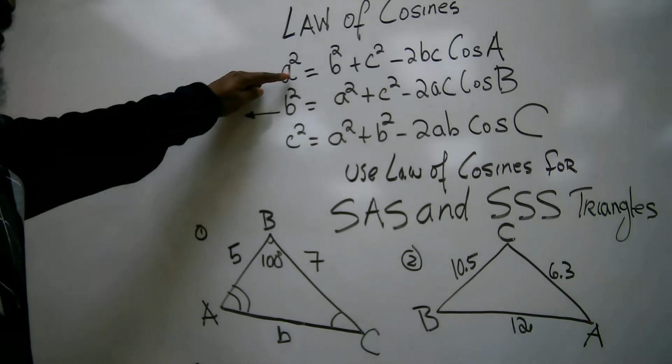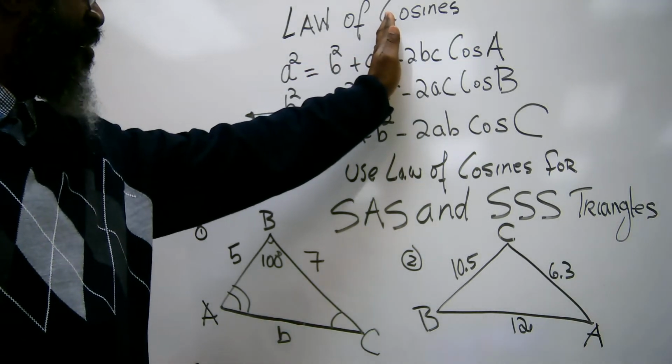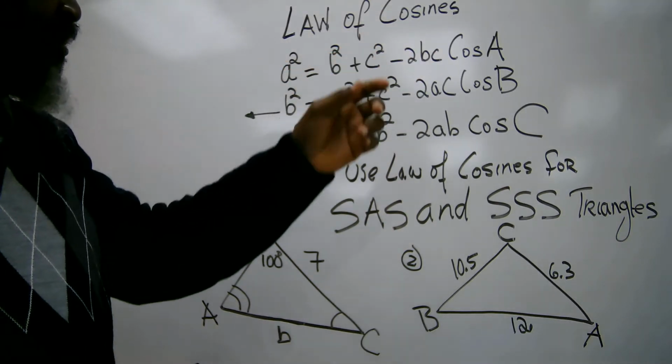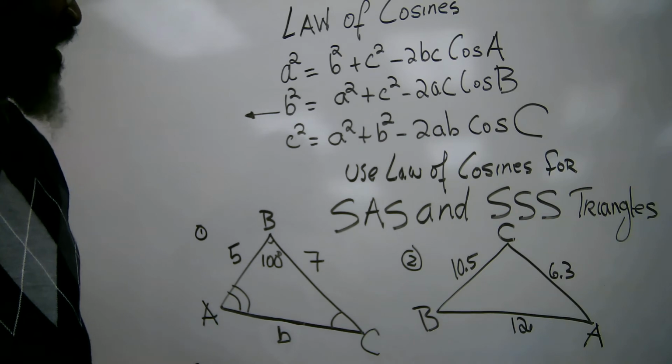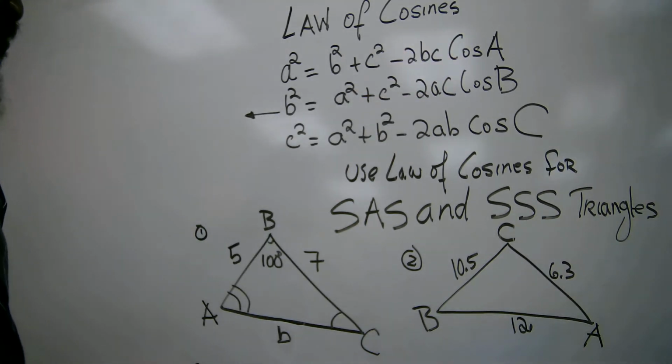As you can see, a squared plus b squared is equal to c squared. That's a part of the Pythagorean theorem, and you multiply by negative 2 times the two sides, multiply those numbers and the cosine of that angle. Assume that angle will be given to you. So in this case, that's what you will have to do.